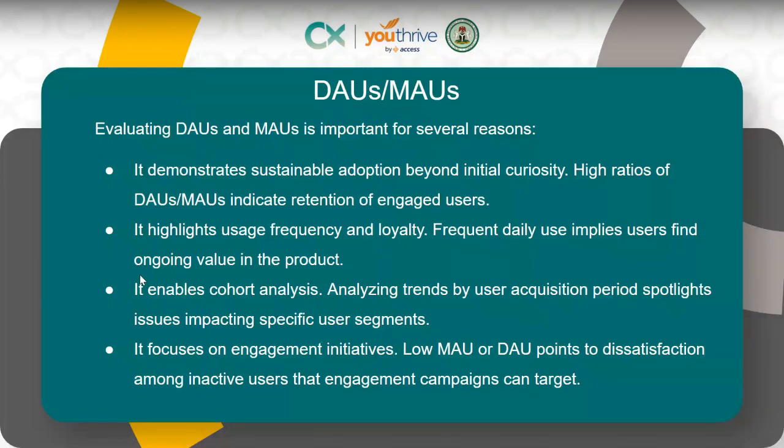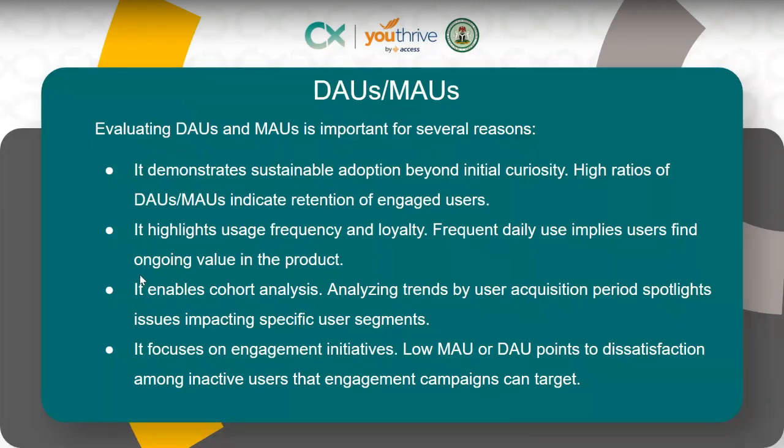When you find that and you solve it, you can then start tailoring your campaign to the resolution that you created, or a new feature or something that has been changed or improved in your solution. You then start targeting your inactive users so that they can see that whatever issue was making them dissatisfied has now been implemented or optimized. This can be a campaign strategy you can deploy that will bring them back.